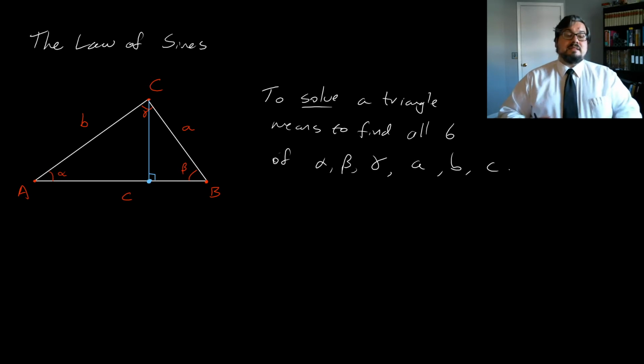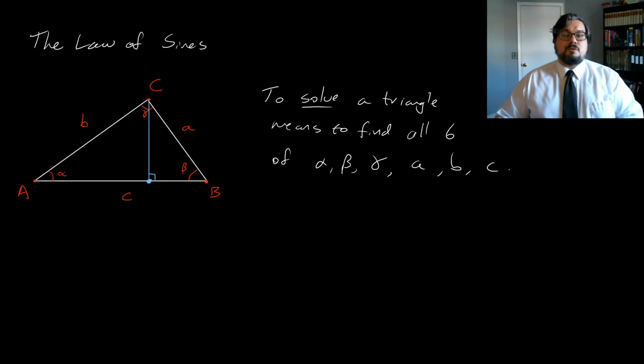In this case, this happened because all of my angles in this triangle are acute. However, if one of your angles is obtuse, that is having an angle measure of more than 90 degrees, then this point might fall somewhere else.